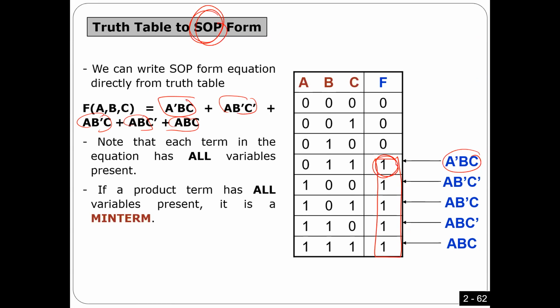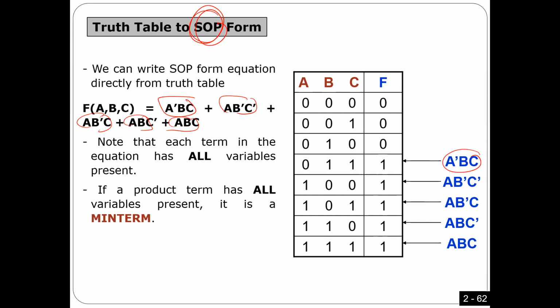So number 1, try to locate the ones. Number 2, for each one, you have to convert it to a term, one term, and then OR them all together. But how are we going to convert each one to a term? I'm going to tell you how. I'm going to explain the approach, and then I'm going to explain the logic, why you are doing that. But let me finish explaining the approach.